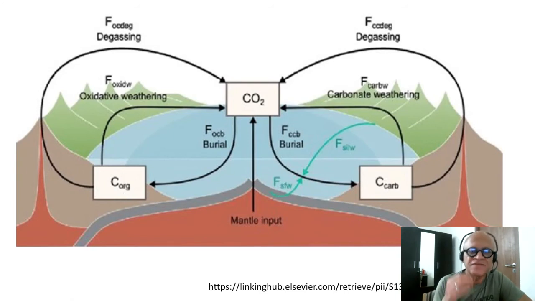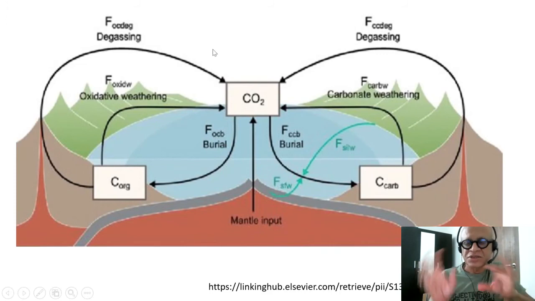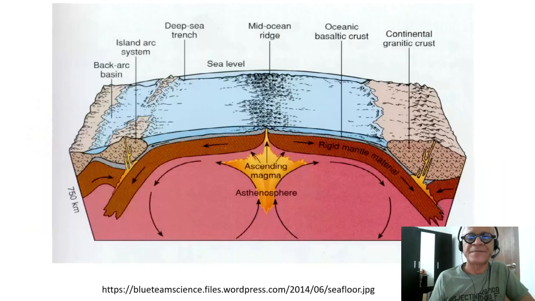So there is some kind of regulation there as well. And of course the weathering, carbonate weathering and oxidative weathering, is happening as well. So this is taking up oxygen, and this is taking up CO2. So this is oxidative weathering, and this is carbonate weathering. So there is an oxygen thermostat involved as well. So the carbon cycle and oxygen cycle, it turns out, are closely coupled together.